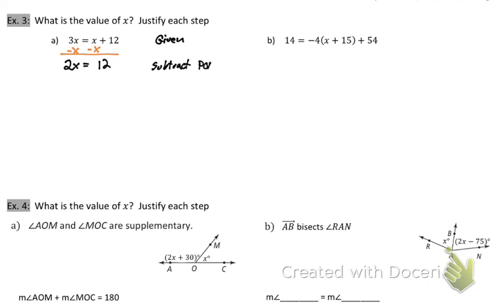Can someone help me out? What would I do next to solve for x? Yeah, Mark. I would divide by 2, which means I'd be using that divpo, that division property of equality. So we divide both sides by 2, and we come up with x equals 6, and I'll just put division property of equality.